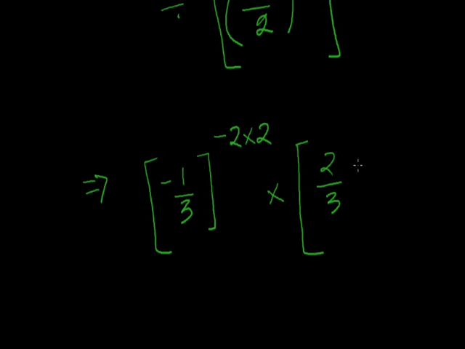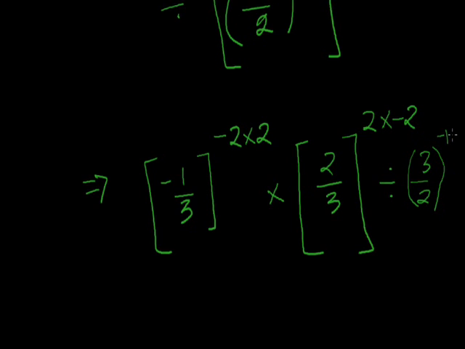X raised to the power 2 and the whole bracket is raised to the power -2 gives you the answer as 2 by 3 raised to the power 2 multiplied with -2, divided by the term 3 divided by 2 raised to the power -1 multiplied with -2.